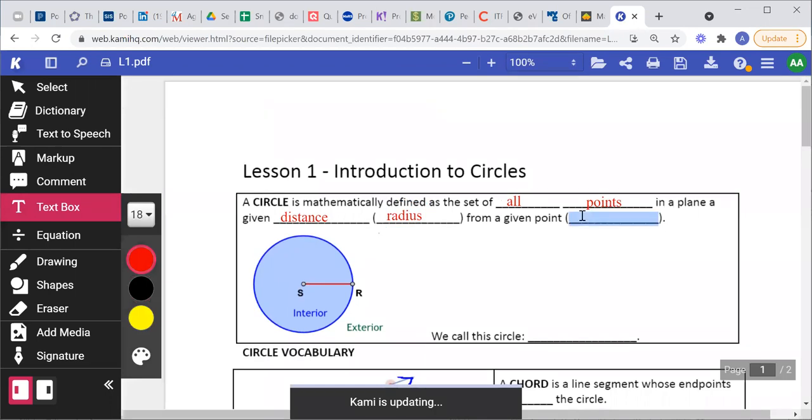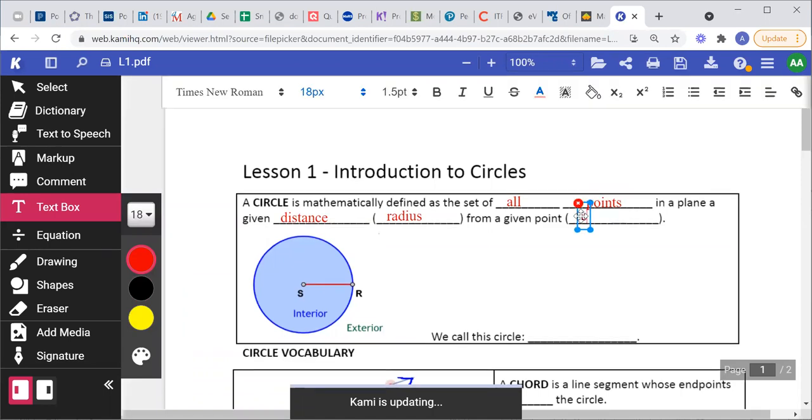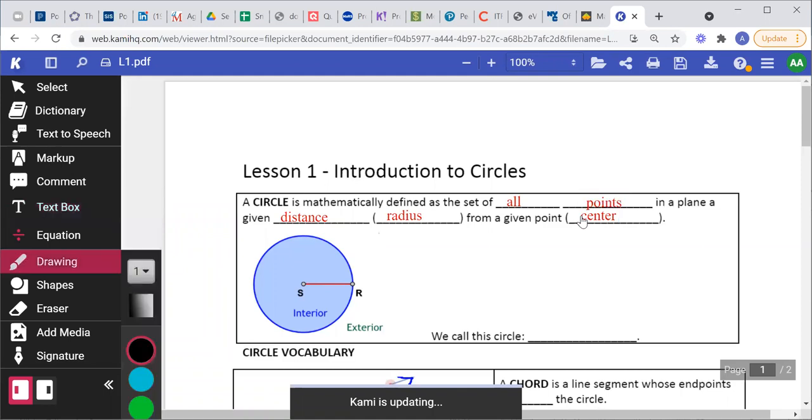And the given point is called the center. So here, as you can see, we have a point in the middle called S, okay?